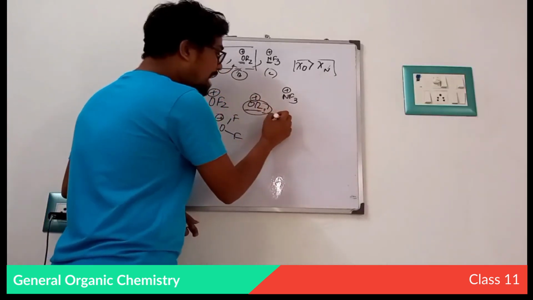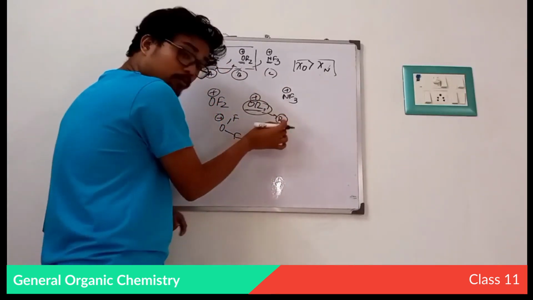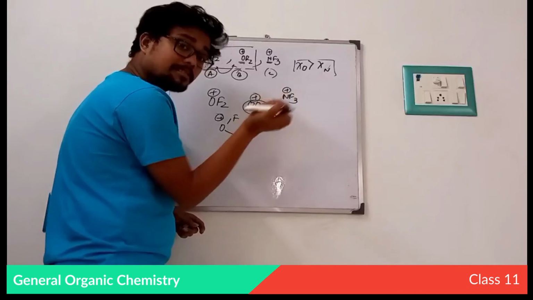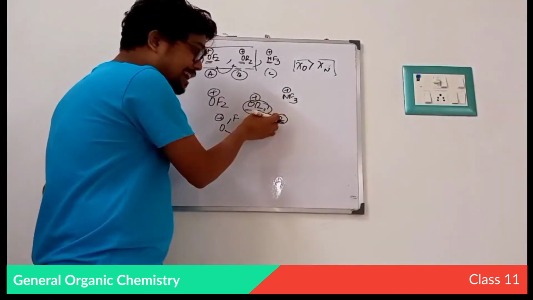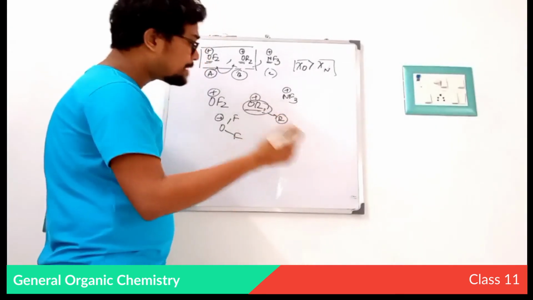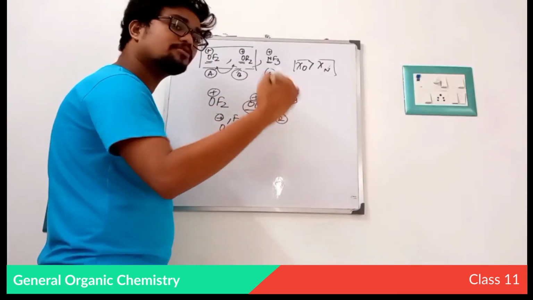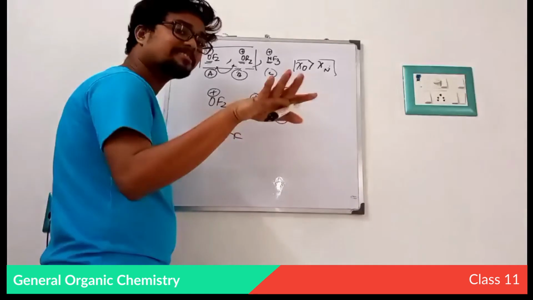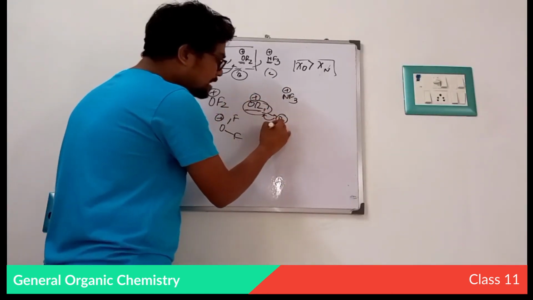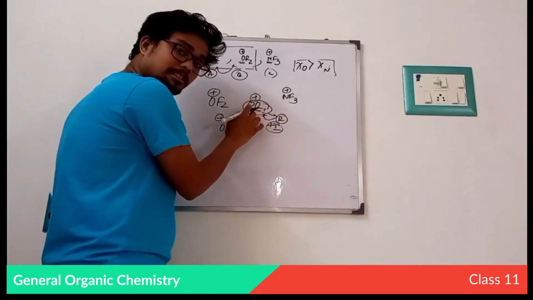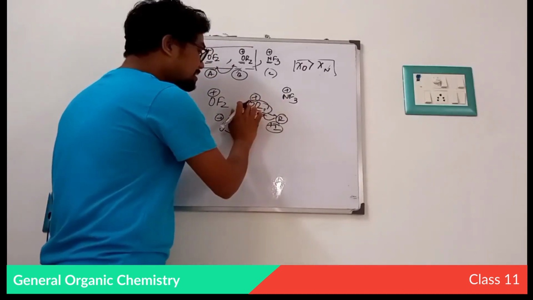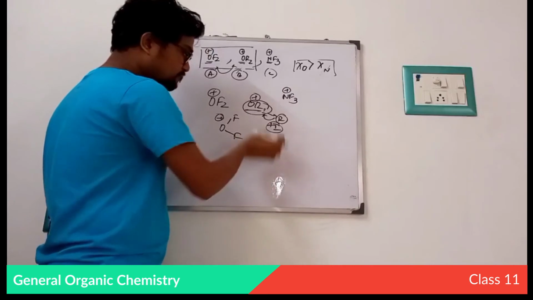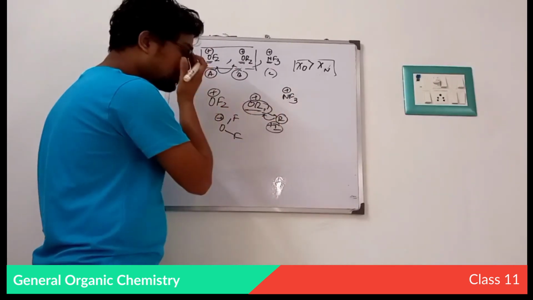Here an R group is present, so somehow the R group donates its electron density. I have already told you that the R group is nothing but an alkyl group. The carbon and hydrogen containing group always shows plus I effect. So electron density will slightly increase, not so much, because there is a full positive charge, and it will give delta minus.